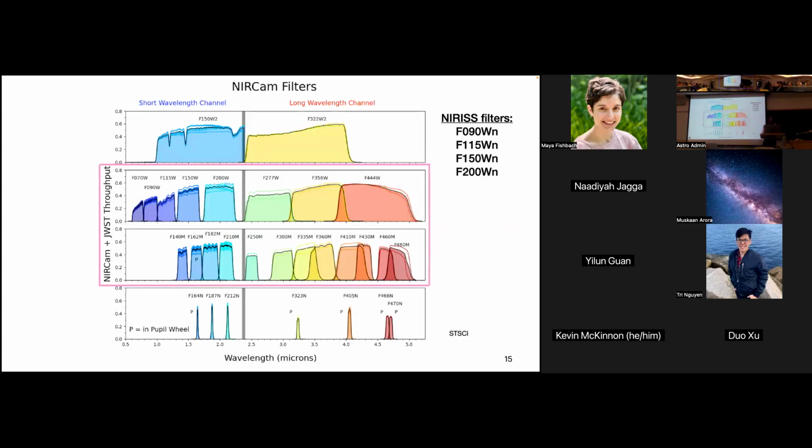As for the JWST data, it depends on the field, of course, but in total we have every wide band and every medium band from the NIRCam filters.